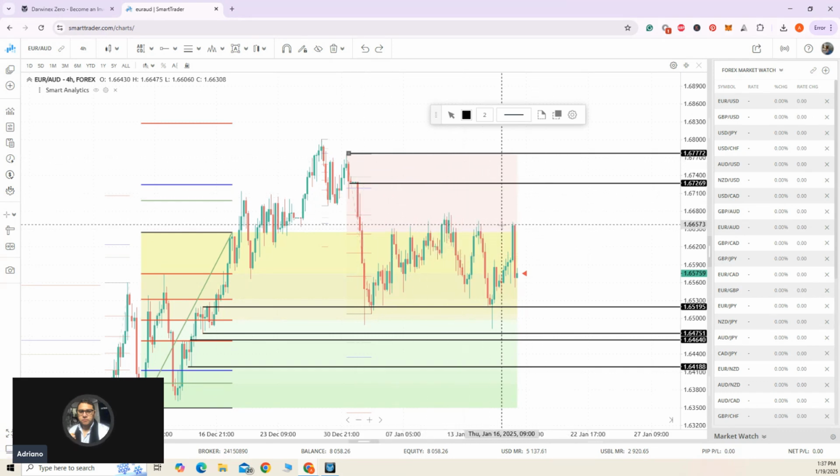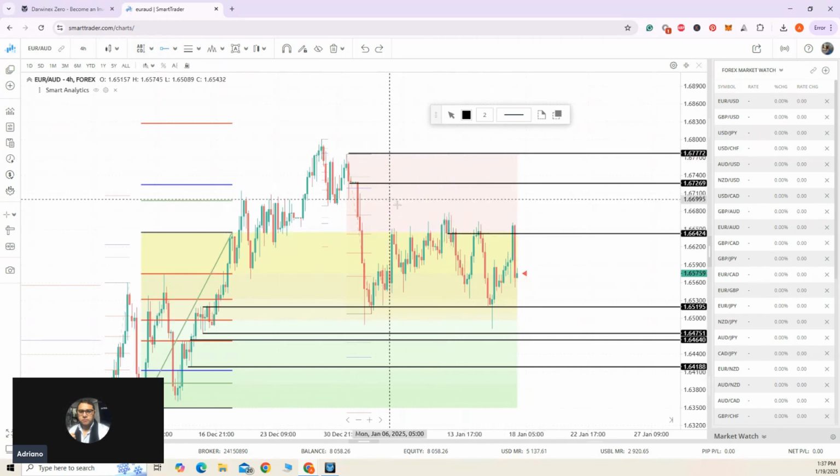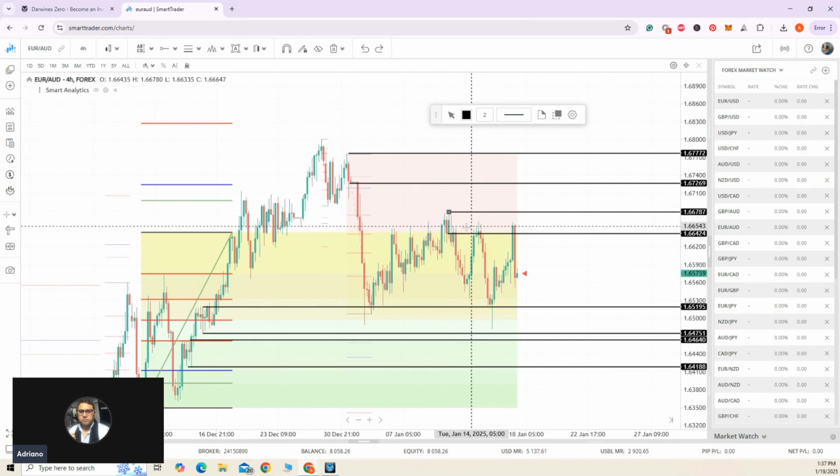So link this, and I have this zone that was touched for the second time. See, we have a rally base drop, and then the market came and retested the zone, and right now is the second test. I don't like to trade more than two touches.